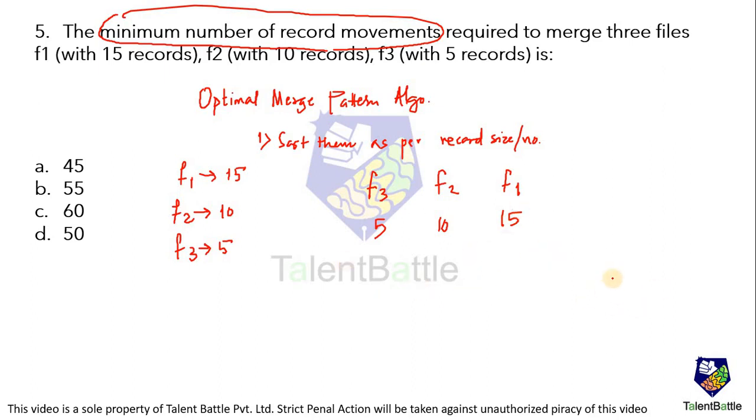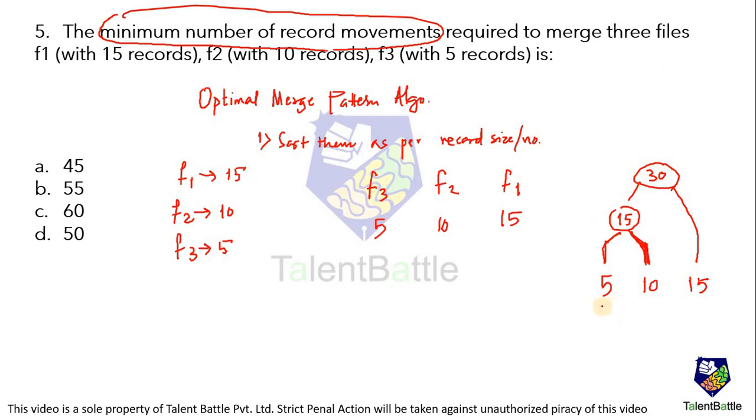Organizing them in a pattern like this, I merge the two smallest files first. So 5 and 10 get merged, and the addition is 15. You can generate a tree-like structure, simple, right? And then the remaining is added here. 15 and 15 will become 30.